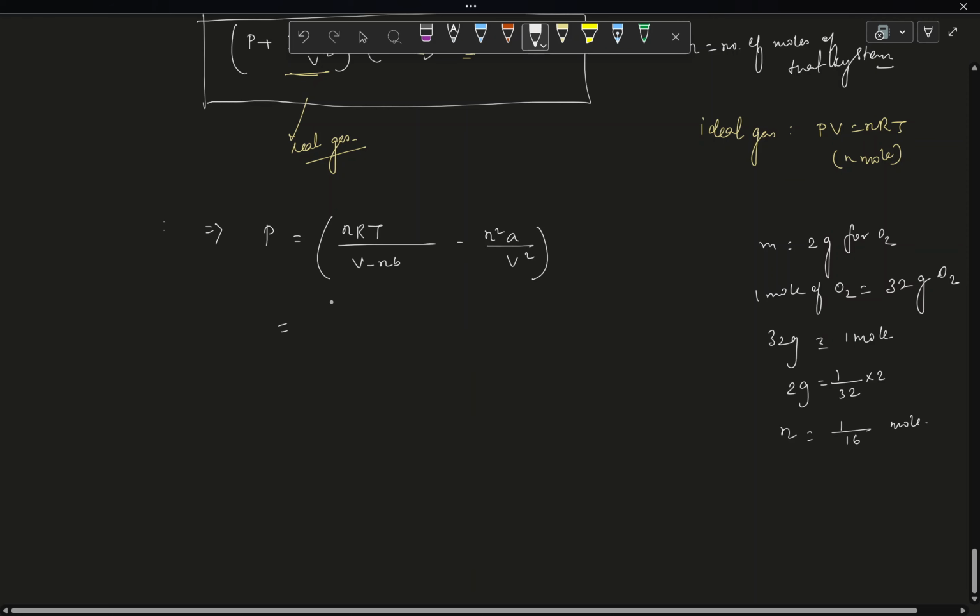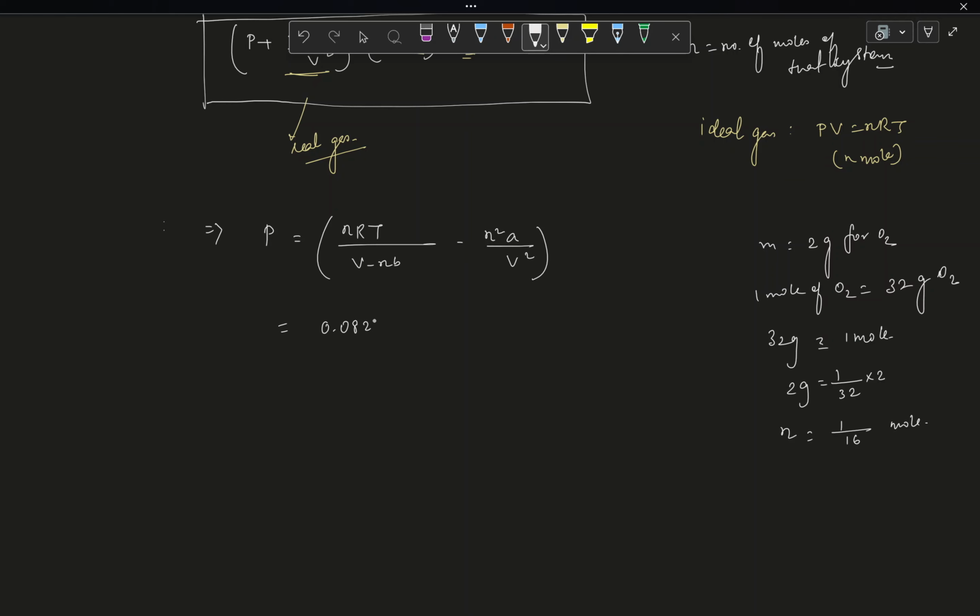So then you just substitute all the other terms in that expression. You have R as 0.0821 × 10³ (in cc units), T is 300 Kelvin, and n is 1/16, divided by V, which is 500 cubic centimeter, so we keep that in cc, 500 minus n times b, which is 1/16 times b, given as 32 cc, right?